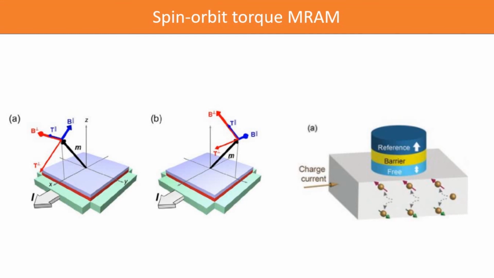However, it is not realistic to build an applied field into the electronic component, because when the device becomes smaller, the density increases.